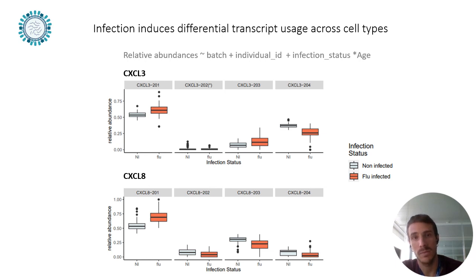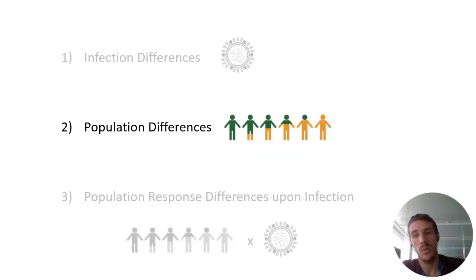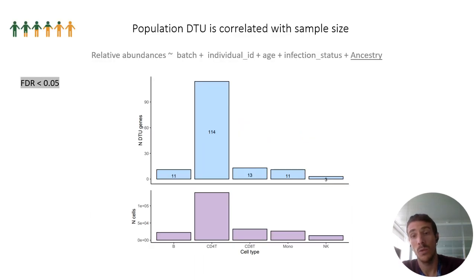Next, we query our initial question of interest, which is, do we see changes in the relative fraction of isoforms across populations? And what we observe is that the signal that we are able to detect between populations is much lower than in the infection case, as expected.